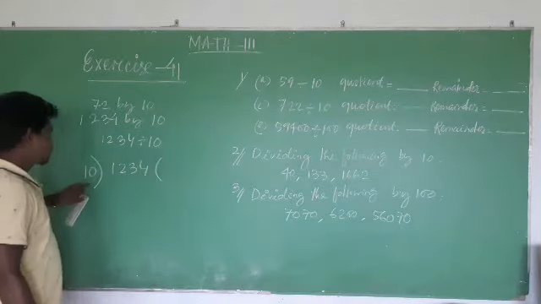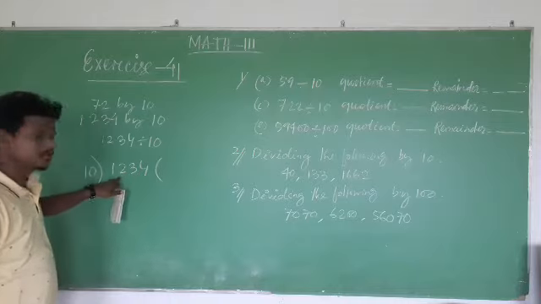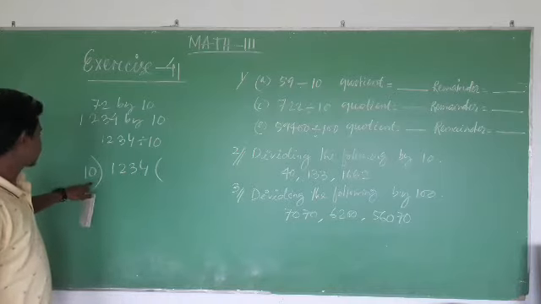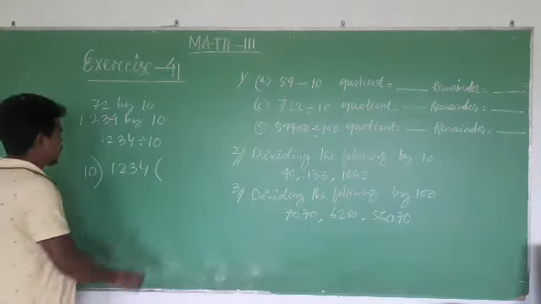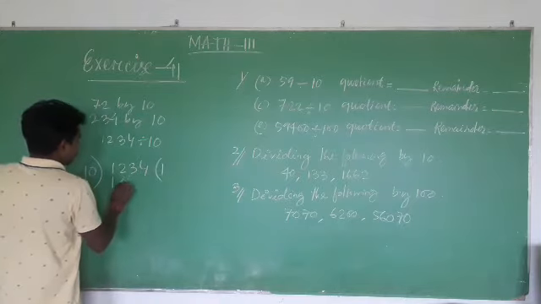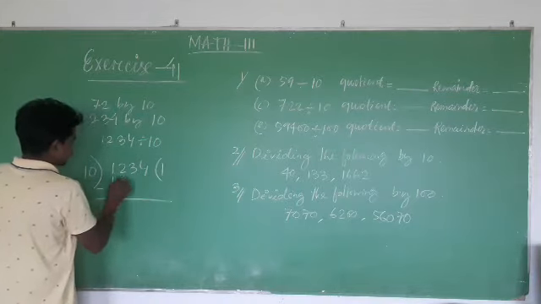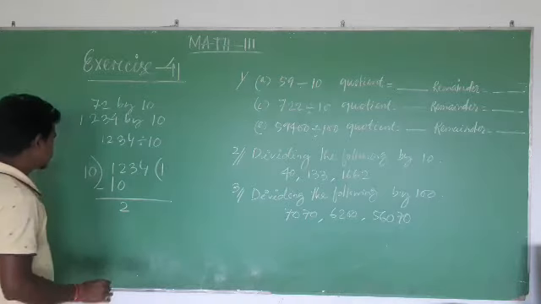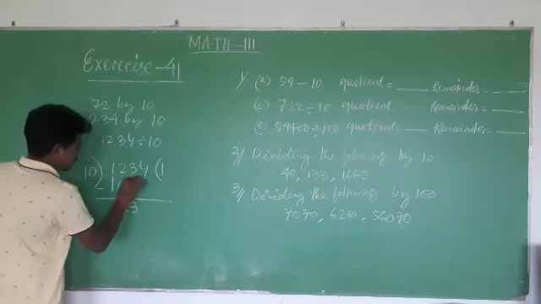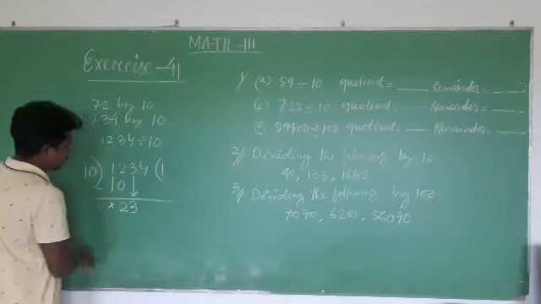Here this is a 2-digit number, so we take 2 digits: 12. 10 ones are 10. Subtracting, this is 2. Next comes 3.